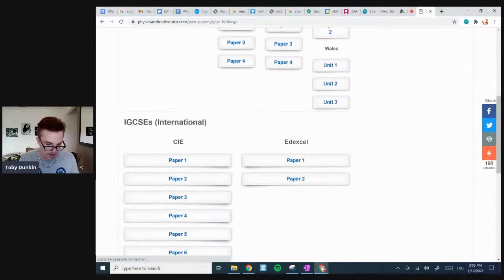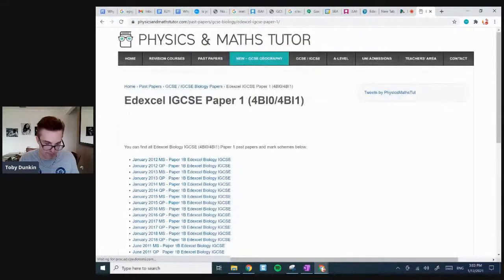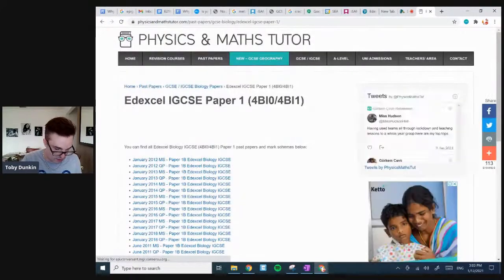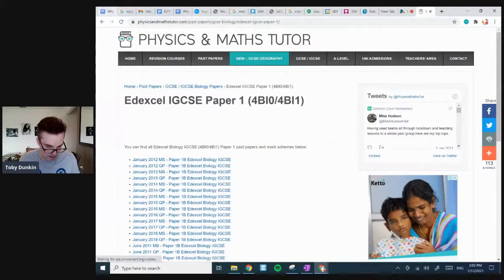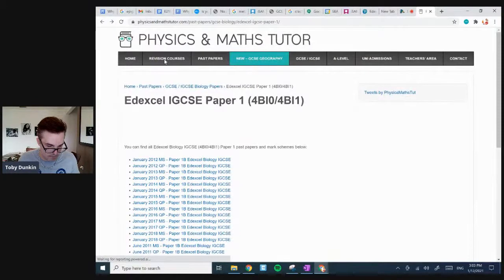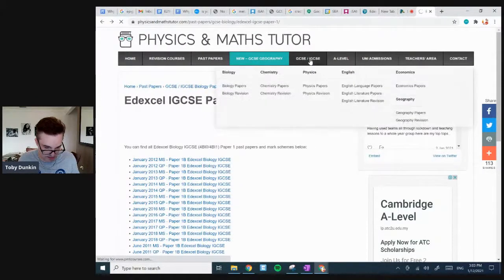So I'd probably say start there with PMT. You can find notes, you see. If you go to the International GCSE and you're doing Edexcel, you could do paper 1 and you'll be able to find revision notes on there, I think, if you do revision rather than revision courses. Let's see if I can track some of these down. There are notes on there. If you go to revision, or IGCSE, if you hold your mouse over it, it usually pops up. There you go.